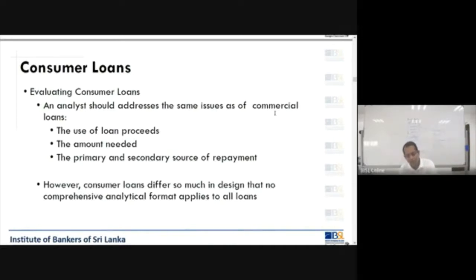However, credit card evaluation is different, housing loan evaluation is different, pawning evaluation is different, personal loan evaluation is different. There can't be a single way of evaluating. Different products will have different evaluation methodologies.